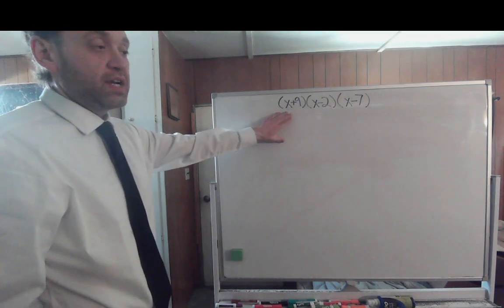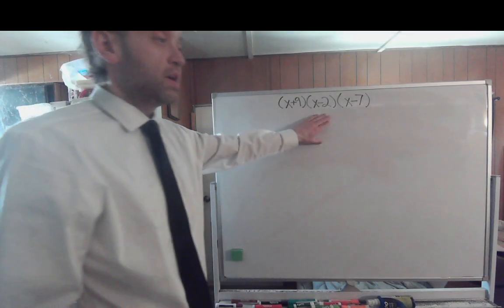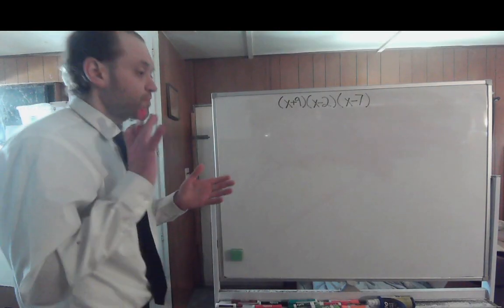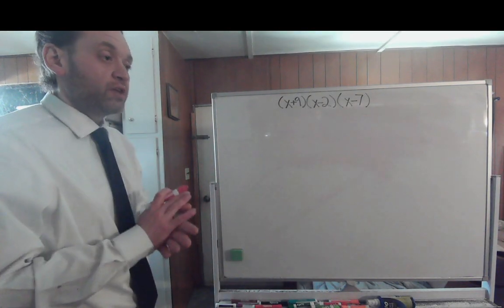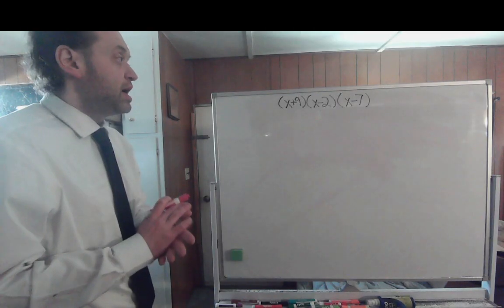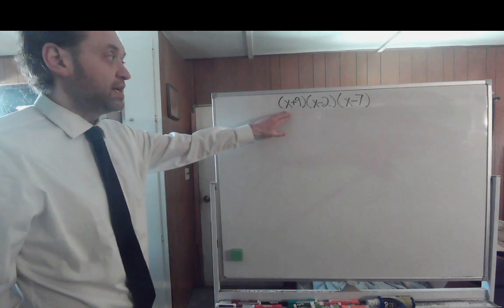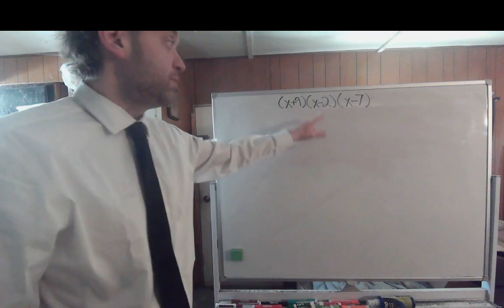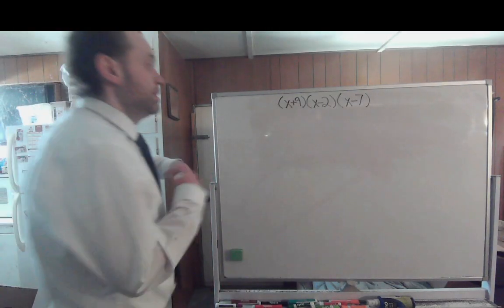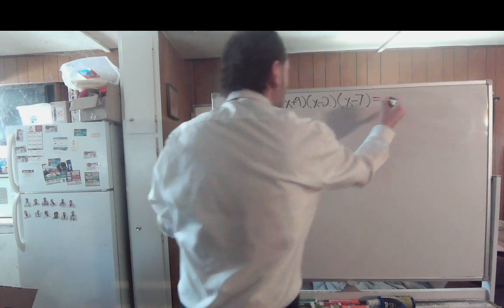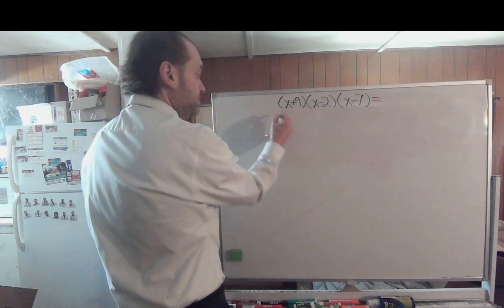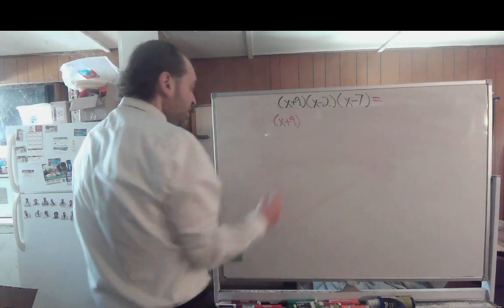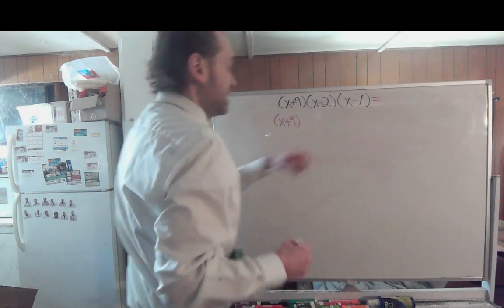So you have the quantity of x plus 9 times the quantity of x minus 2 times the quantity of x minus 7. Whenever you're confronted with three of them, I would temporarily leave the first one alone and FOIL the next two. So FOIL the middle and the far right one. It's going to make your life easier. So keep that x plus 9 the way it is for the time being, but FOIL your x minus 2 and x minus 7.